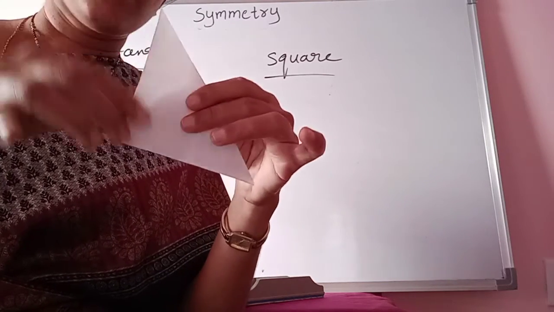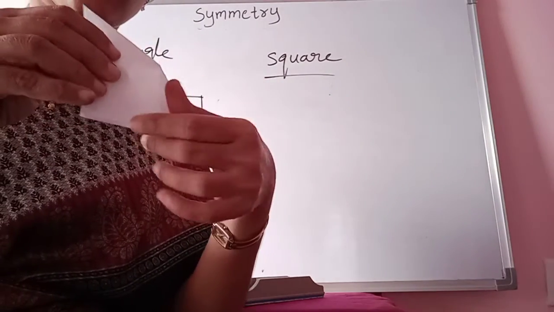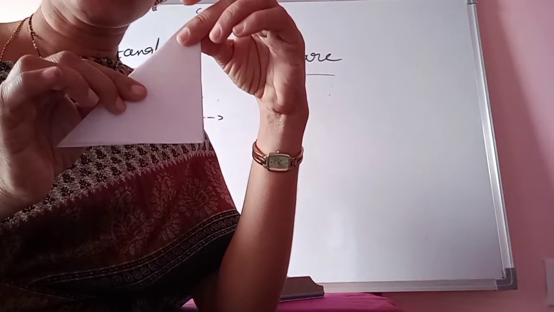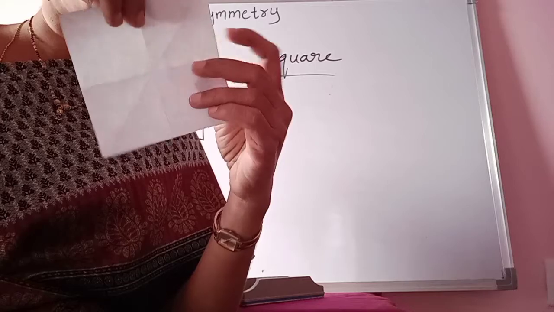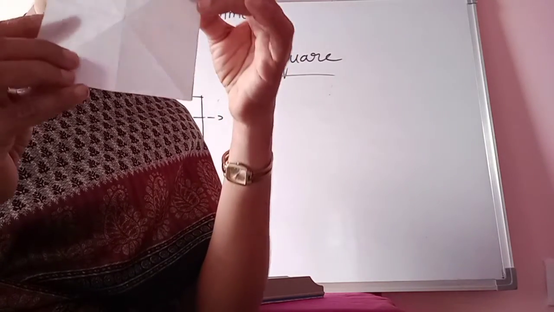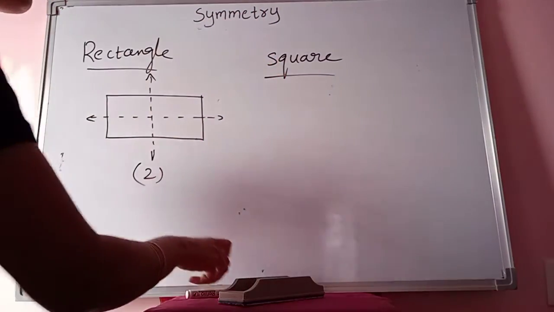Okay, again coincided, both the parts matched. This is one diagonal and this one is the other diagonal. That is horizontal one, vertical and two diagonals. Okay, therefore totally it is having four lines of symmetry.